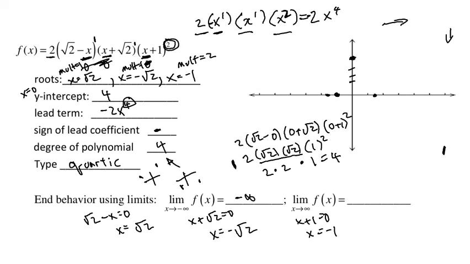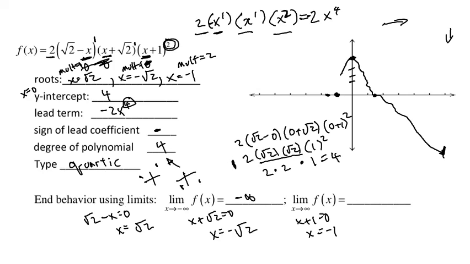When we look at square root of 2, it has a multiplicity of 1. Whenever the multiplicity is odd, it's going to pass through the graph. So if we connect everything up, we expect that it's going to go through this particular point, which makes sense because our y-intercept is here.